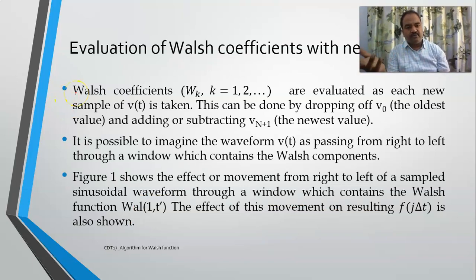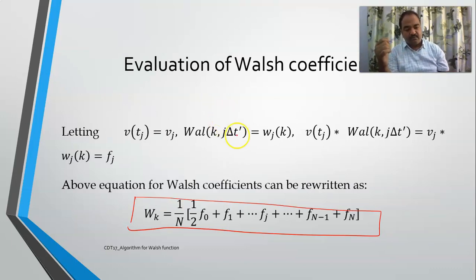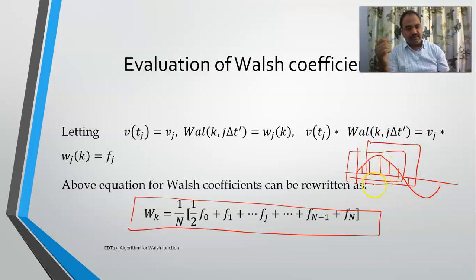As each new value of sample f of t is taken, the old value will be dropped and the new sample will be added. Let us suppose I do have about 5 values. So if I want to perform with this one, I'll be using this particular formula. Now let us suppose if I want to perform with these signals, I must consider only these parts.